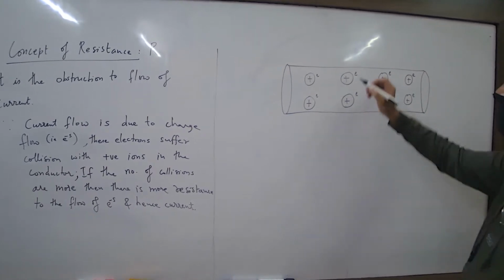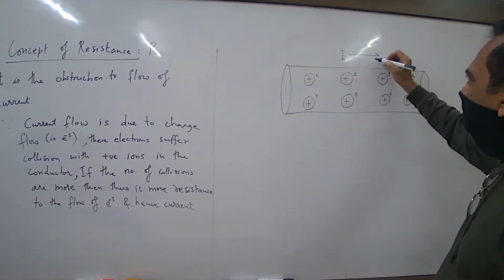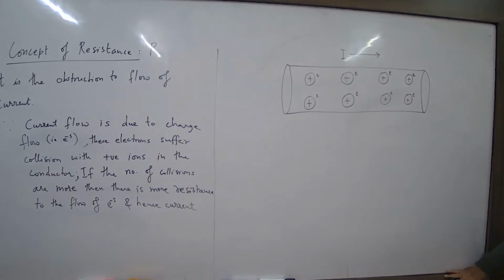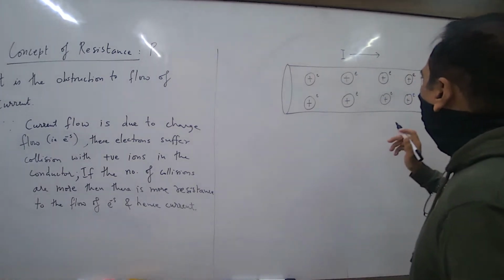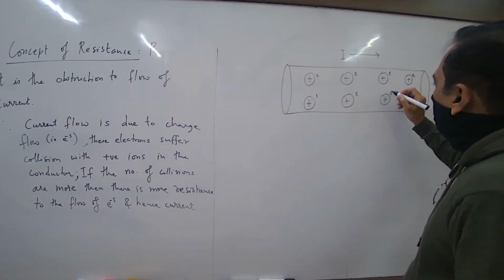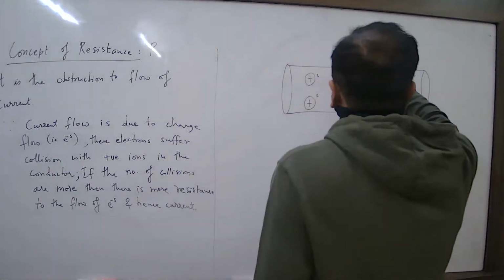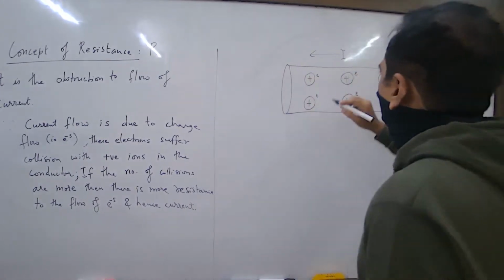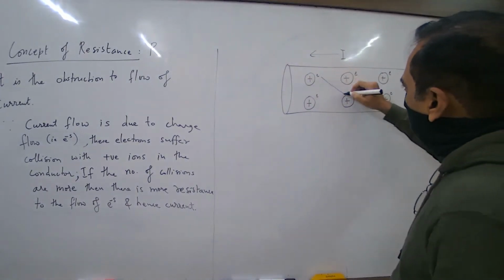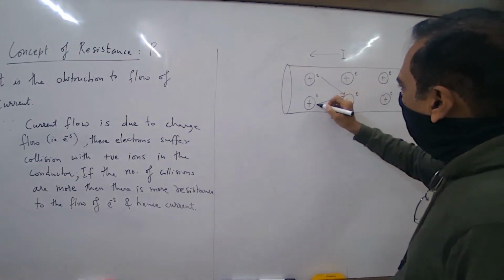Let us say the current is flowing from left to right. Let's say this is the direction of flow of current. And what is the direction of flow of electrons? The electron will flow in the opposite direction. So it collides, then God knows where it will go.